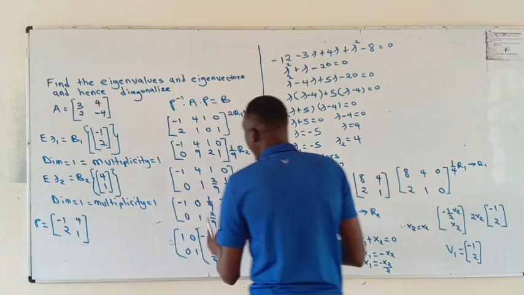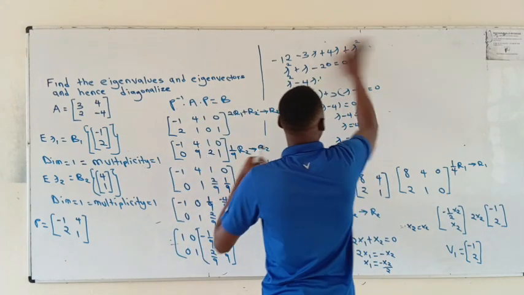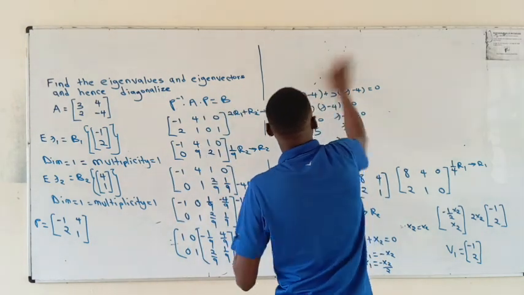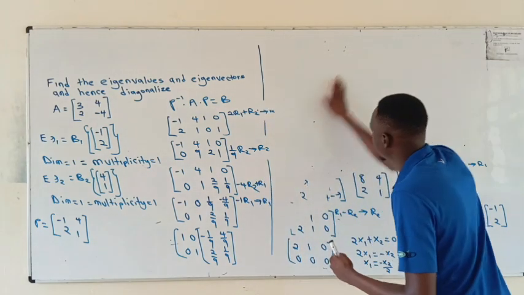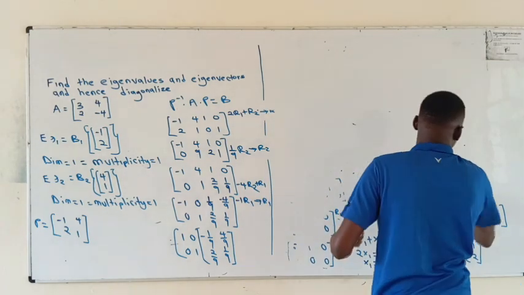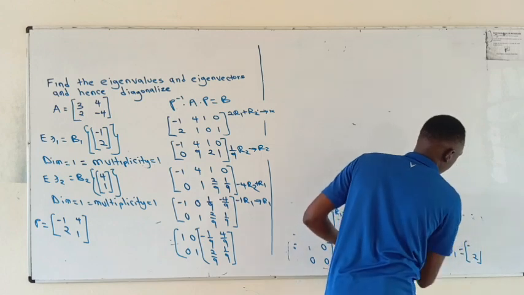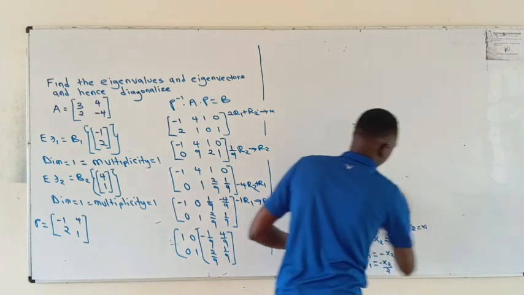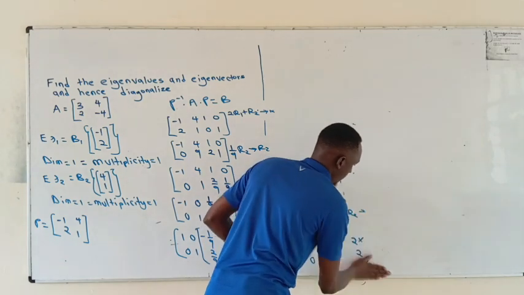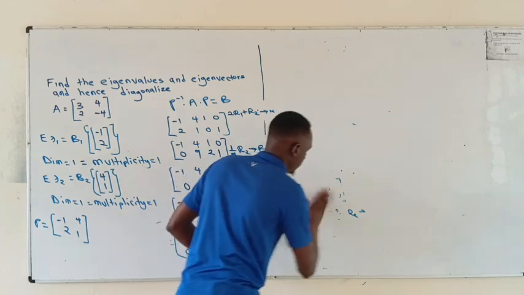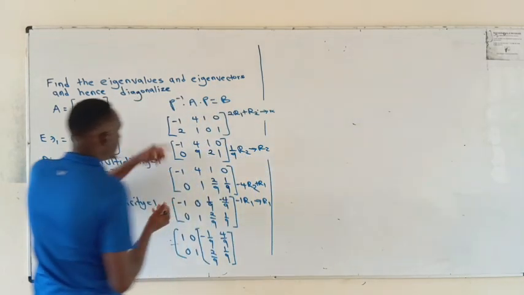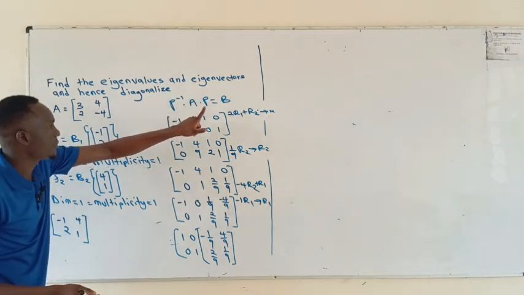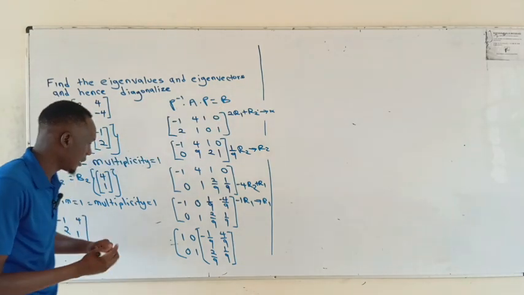Now let's have our inverse times A. It is P inverse times A times P that should give us B.